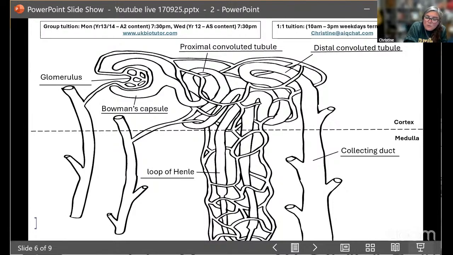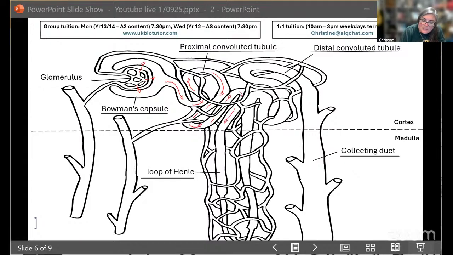But the key thing to note is that you're going to push all the substances out from the glomerulus into the Bowman's capsule. So you're going to do a process called ultrafiltration. And then what's going to happen is that is going to flow through the kidney nephron. And as it flows through the kidney nephron, it always follows the same path.